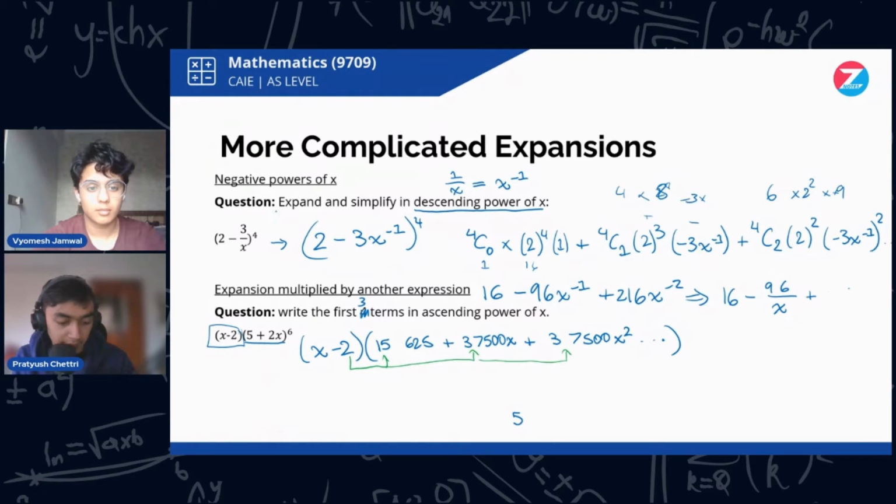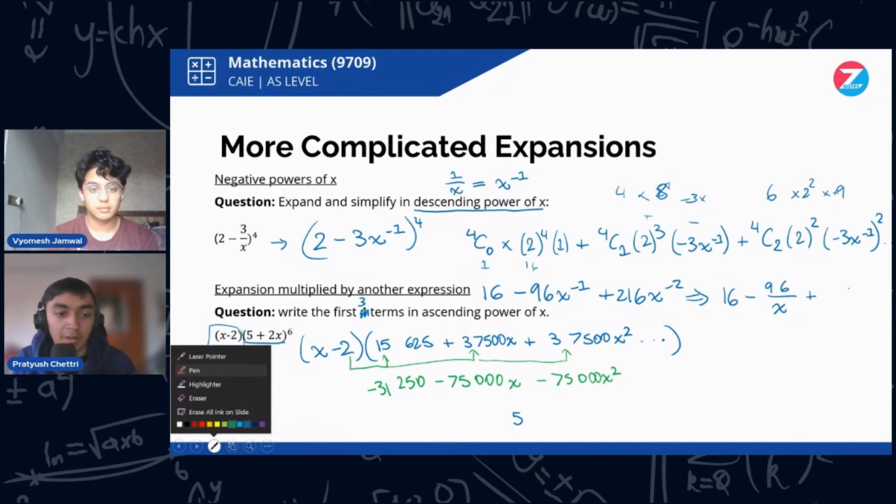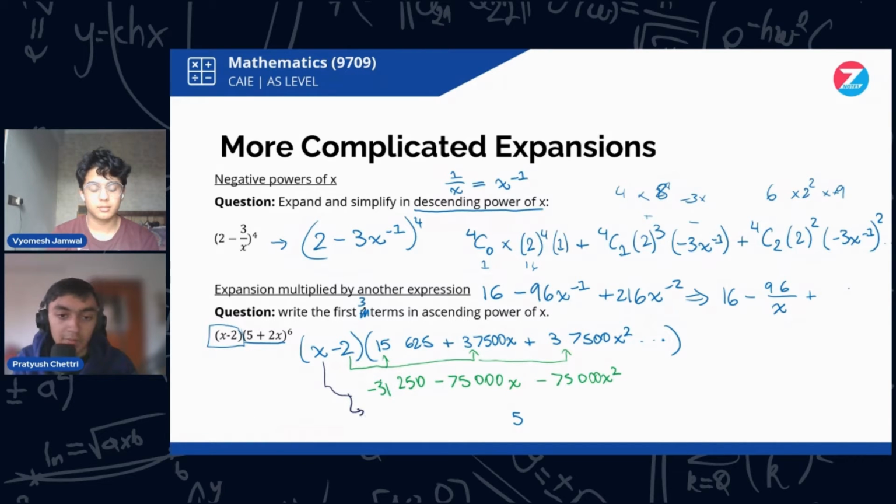5 to the power 6 times minus 2, minus 250, minus 75,000 x, minus 75,000 x squared. And now I'd multiply everything by x. So I'll actually shift it a bit to the right.